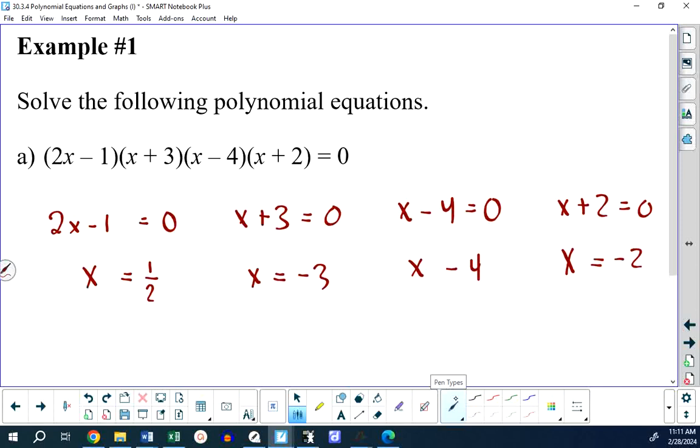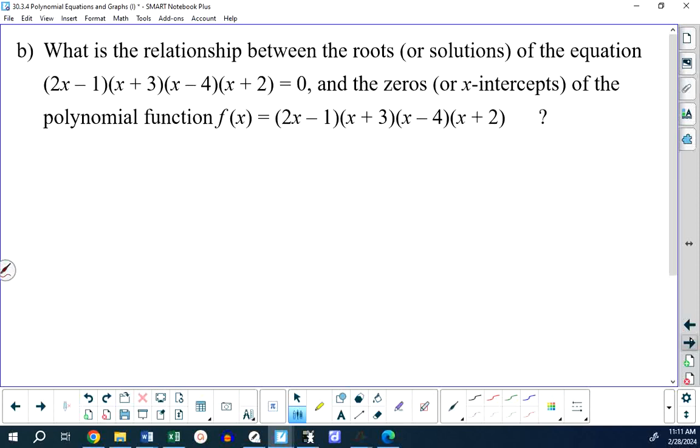Okay. We're running around in circles now because we've talked about this again and again and again. The zeros of the factors are the numbers that make the whole polynomial 0. The zeros of the factors are the numbers that will be the x-intercepts of the function. The x-intercepts of the function are the zeros of the factors.